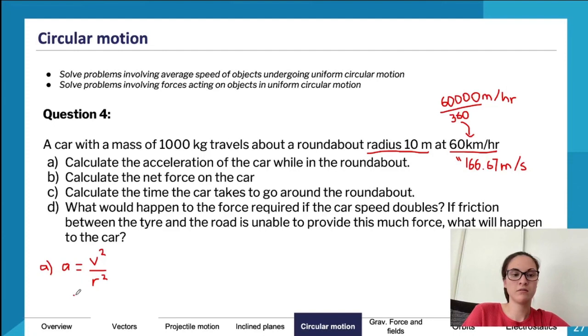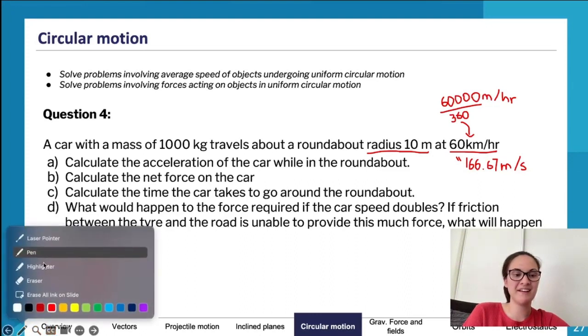So now I'm going to put that number in, 16.67. Oh wait, no, sorry, 16.67 squared. Sorry, I'll just erase that.